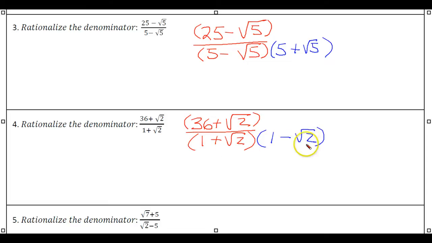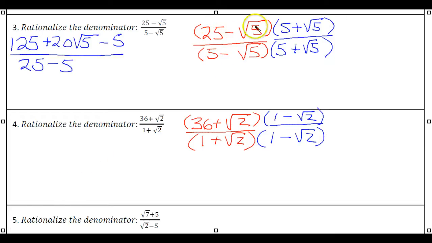And remember, it's opposite signs. And here we're just multiplying these by a 1. So whatever is in the denominator, we have in the numerator. And let's see what you get.